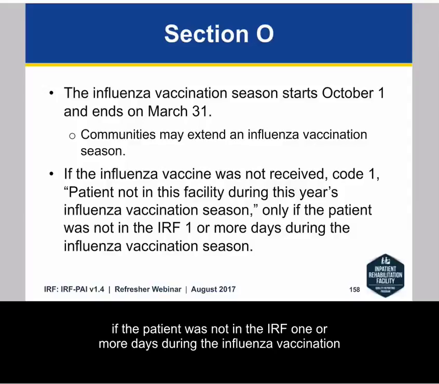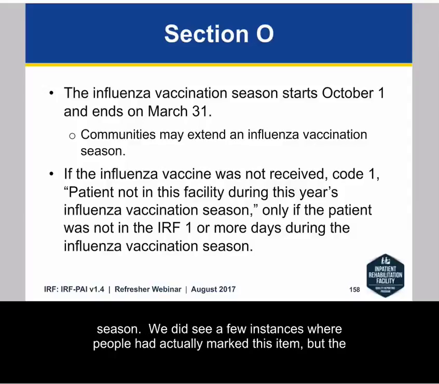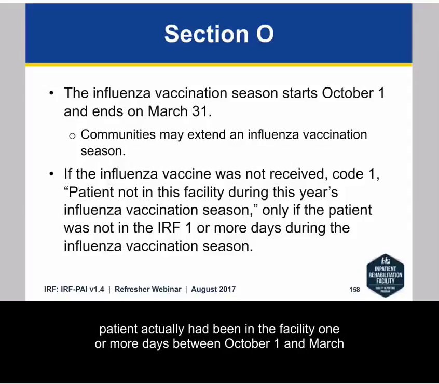We did see a few instances where people had actually marked this item, but the patient actually had been in the facility 1 or more days between October 1 and March 31st.